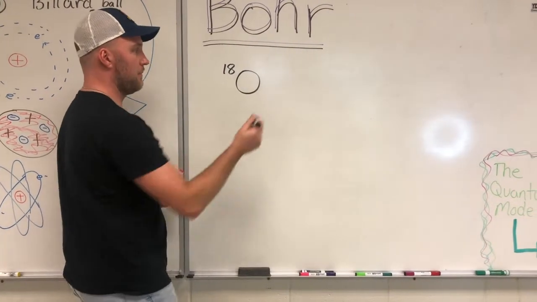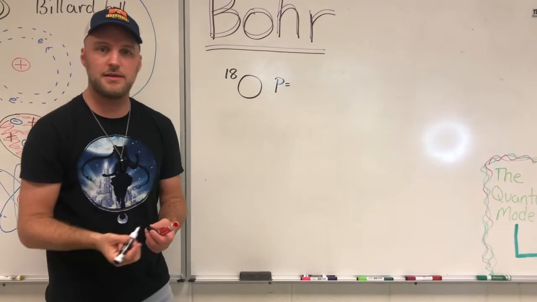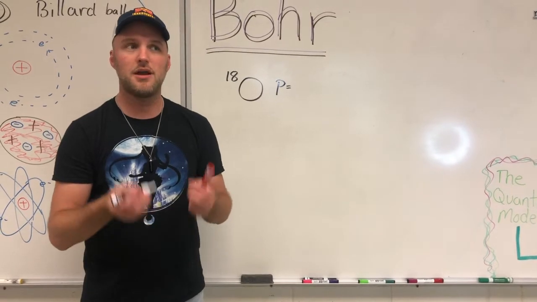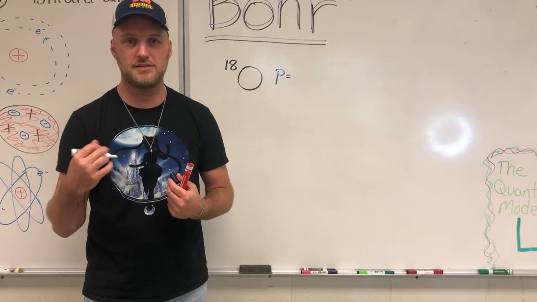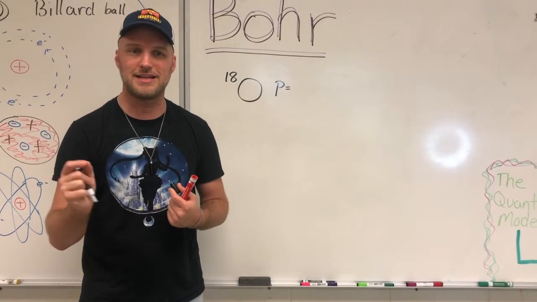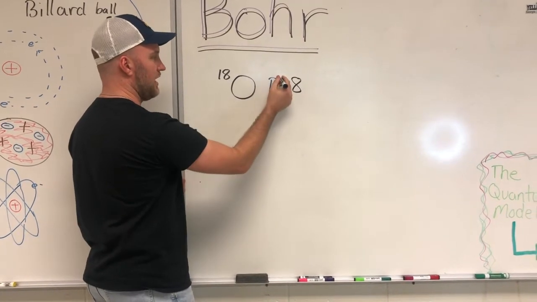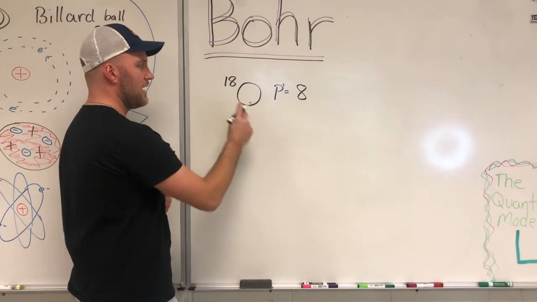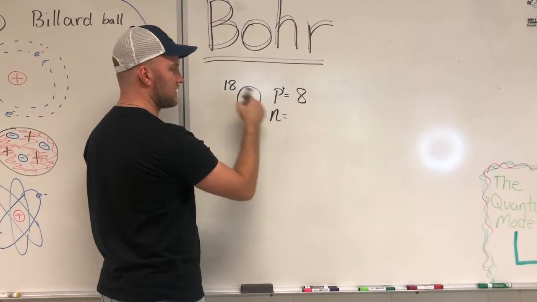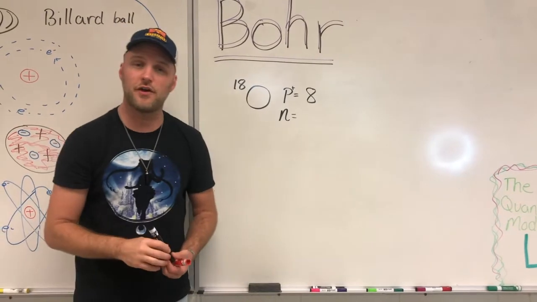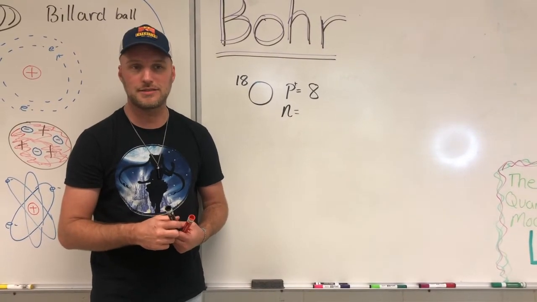So how many protons does oxygen have? Well, if you look at your periodic table, you'll find oxygen must have 8 protons. It can't have any other number of protons because the proton determines the identity of the element. So oxygen has 8 positive charges in its nucleus. Now the question is, this specific isotope of oxygen, oxygen 18, which is pretty far from the average, so it would be a rare isotope of oxygen, probably radioactive.